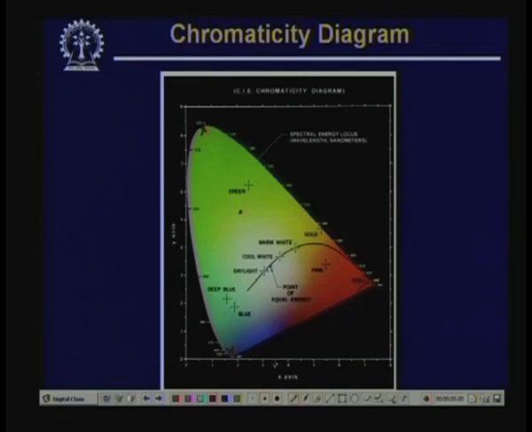to be mixed. So, here you find the horizontal axis tells the red component, the vertical axis gives us the green component, and the blue component. If I write this as x and this as y, then the blue component z is given by 1 minus (x plus y).